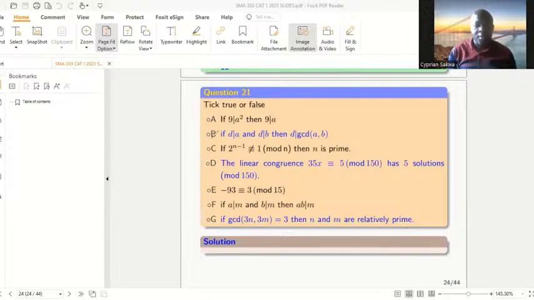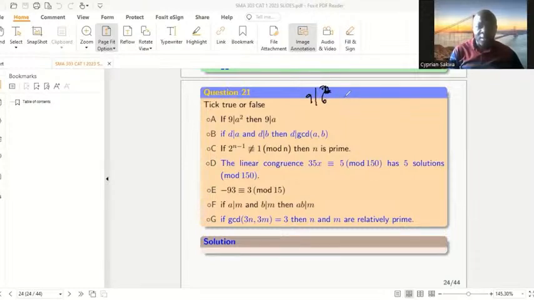Okay, so if 9 divides a square, then 9 divides a, is it true or false? Let me take an example: 9 divides 6 squared, that one I know, because 6 squared is 36.